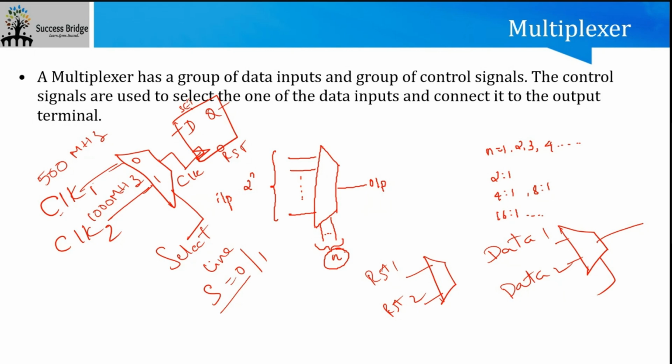So 2 to the power of n will be the inputs and 1 will be the output, where it always multiplies by 2, so it will be 2, 4, 16, likewise.